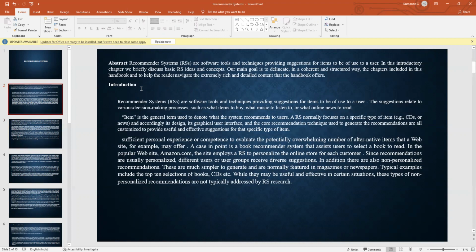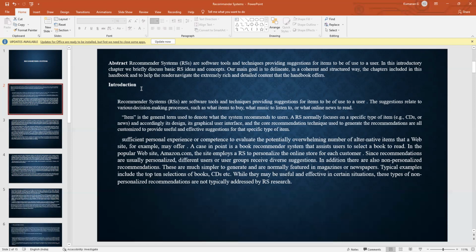Introduction. Recommender systems are software tools and techniques providing suggestions for items to be of use to a user. The suggestions relate to various decision-making processes, such as what items to buy, what music to listen to, or what online news to read. Item is a general term used to denote what the system recommends to users.